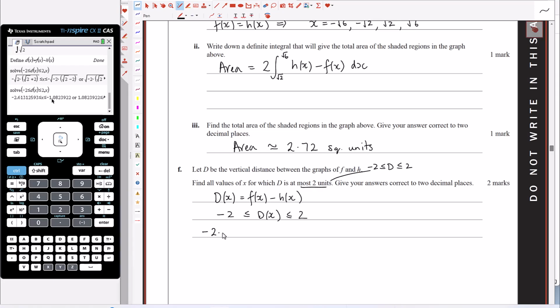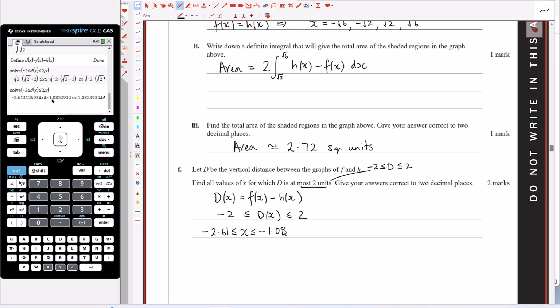So negative 2.61 is less than or equal to x is less than or equal to negative... They often talk in examiners' reports about transcription errors. That would be an example of a transcription error where I just lost the negative as I was concentrating on decimal places and all those other things.